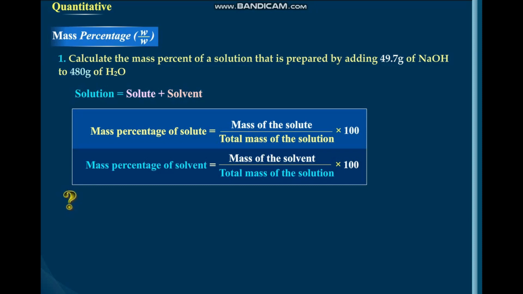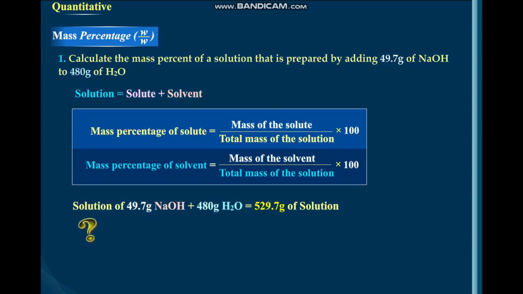Mass percentage of the solvent is mass of the solvent divided by total mass of the solution into 100. The mass of NaOH is 49.7 grams, and the mass of water is 480. So the mass of the solution is 49.7 plus 480, which becomes 529.7. That is the mass of the solution.